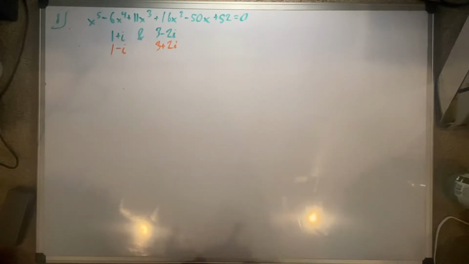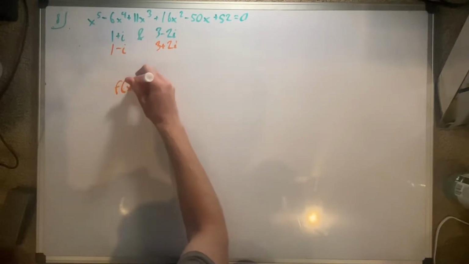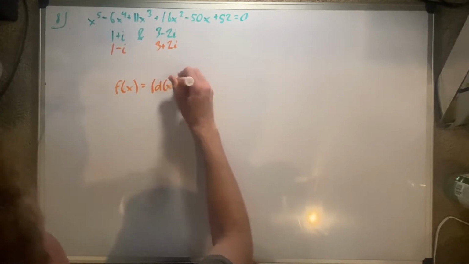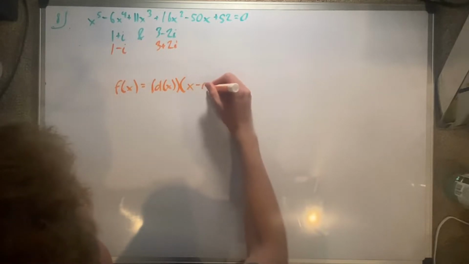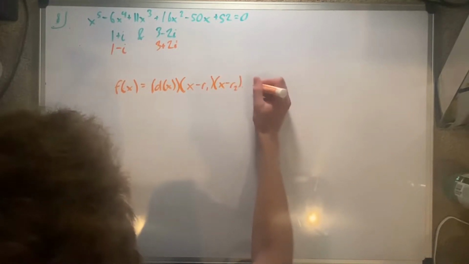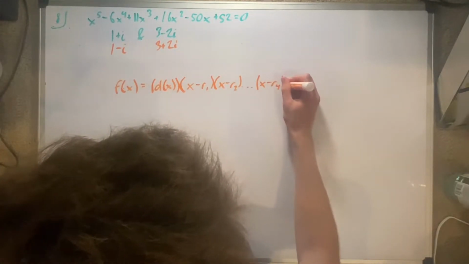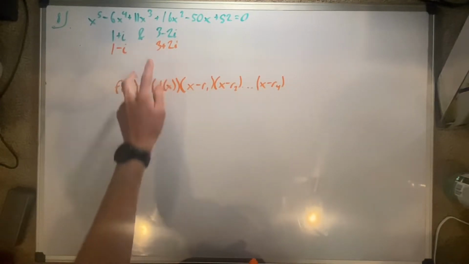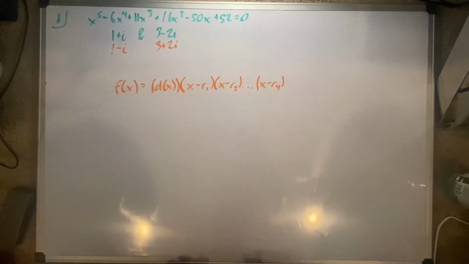Now, we can use that rule that we used in that first problem, problem 2, where f of x, our initial function, is equal to d of x times all of the different roots, x minus r1, x minus r2, and so on, to x minus r4, because we know that these are all 4 roots here, and then this d of x would be our 5th root because we have a degree of 5.